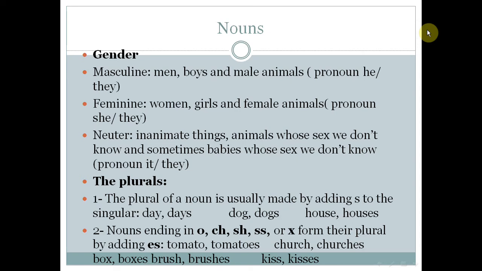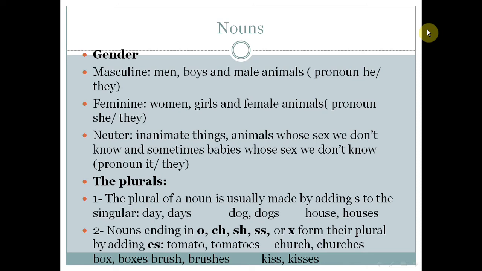Here, gender. Masculine: men, boys, and male animals like ox, for example, like hen. Pronoun: he, they. So for masculine, we use the pronoun he for singular and they for plural.